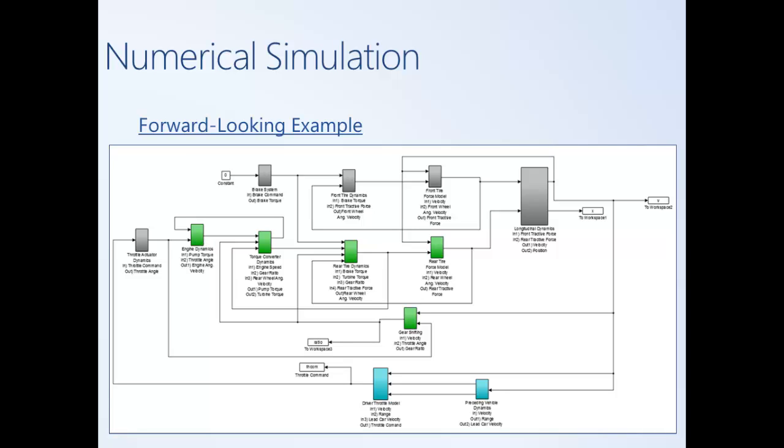But this model is nice for a few things. So one thing is it's very helpful in doing hardware in the loop testing. Since it mimics the actual physical world, it's easy to replace individual blocks by actual physical components. So you could imagine that this mathematical model of the engine is replaced by an actual physical engine. So this signal for throttle angle could be a voltage being sent to a motor on the throttle of a test bench.